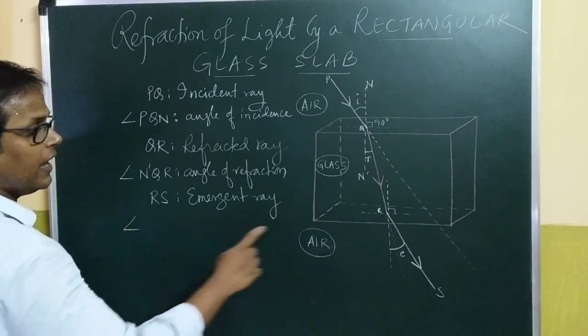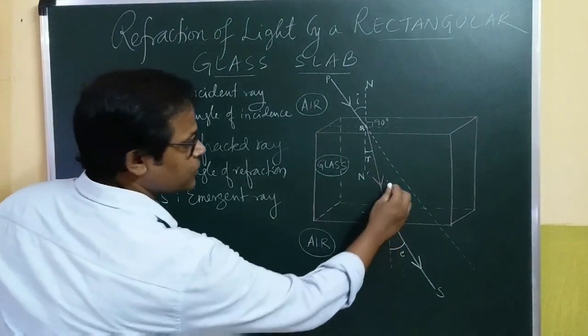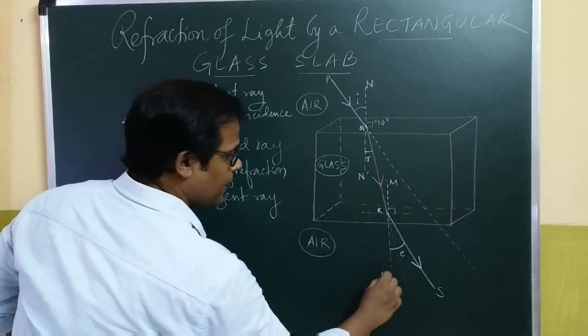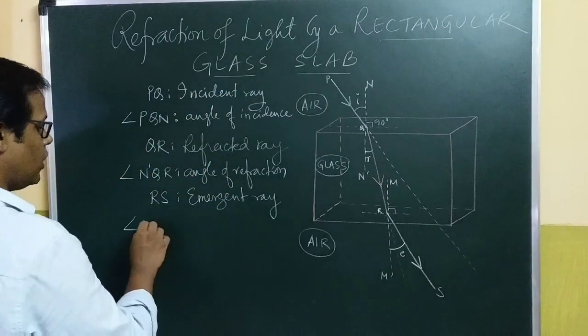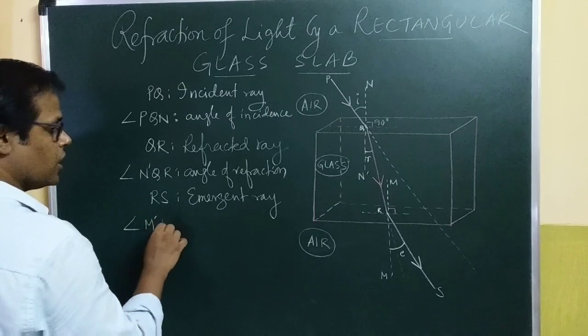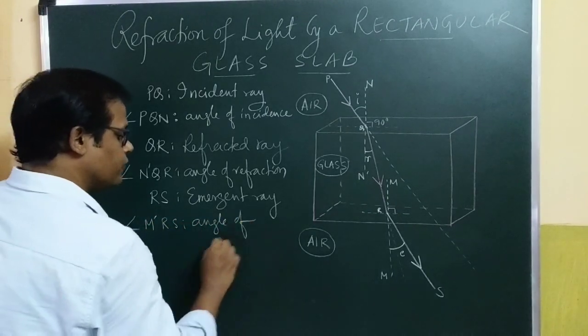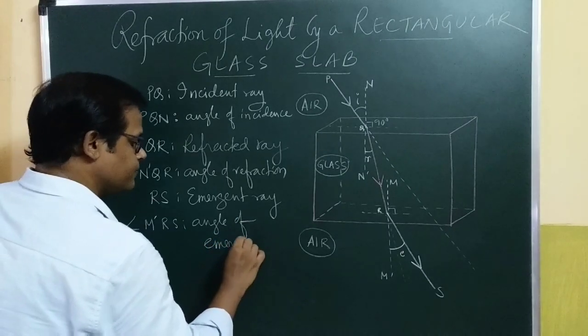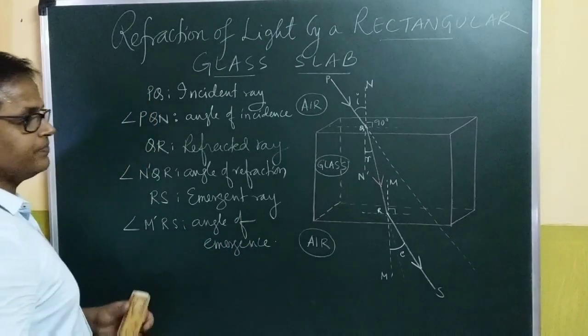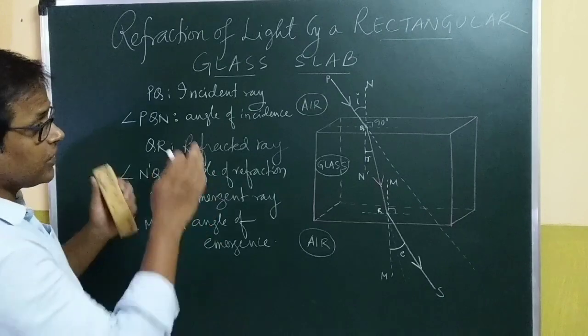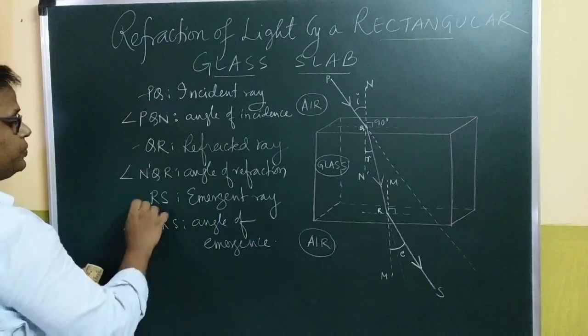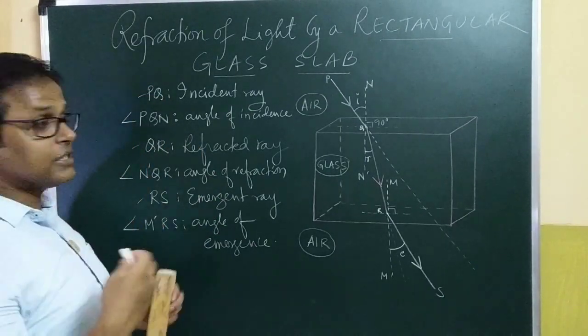The normal is M dash. So we can call angle M dash RS our angle of emergence. Alright? That's it. So those are the rays of the light, and these are the three angles which we have to note down.